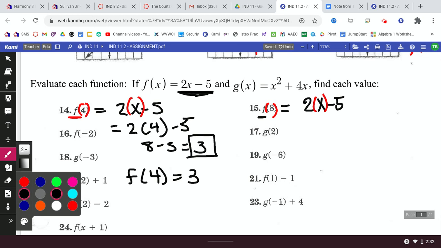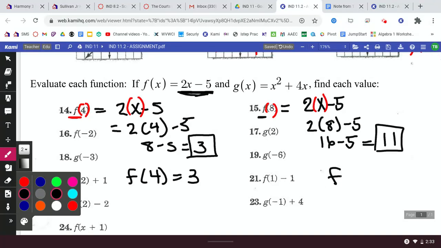The 8 is my input or my ingredients that I plug into my function. So I have 2, I'm going to plug in that 8 where there was an x, minus 5. 2 times 8 is 16 minus 5. 16 minus 5 is 11. So f of 8 equals 11. Or the f function, when you plug in an 8 as input, gives you the output of 11.